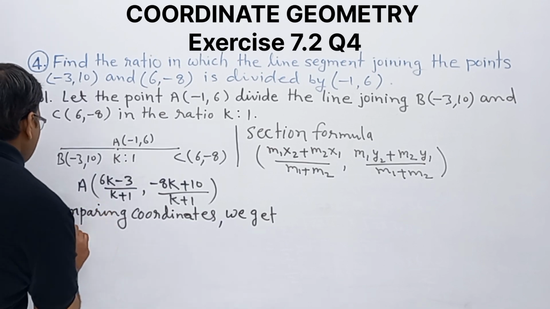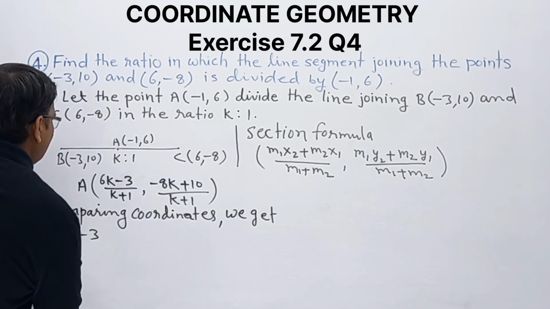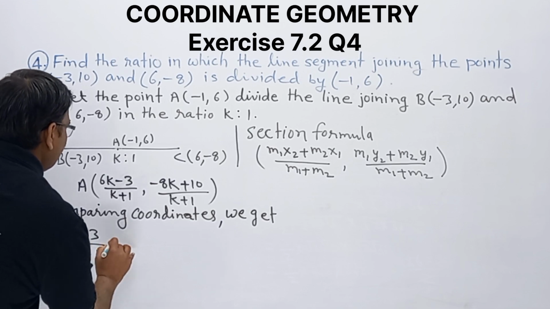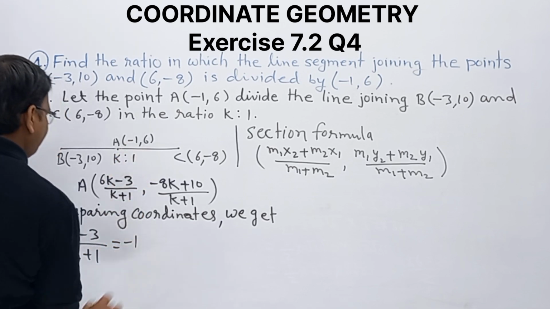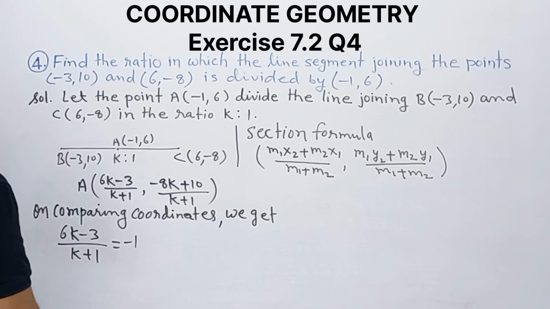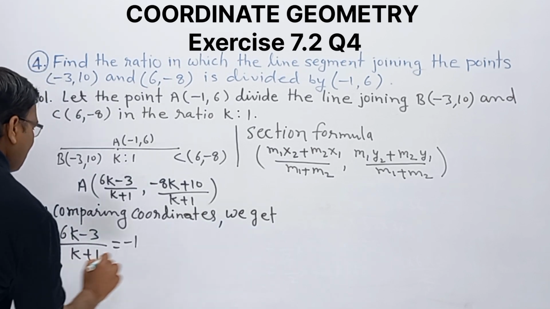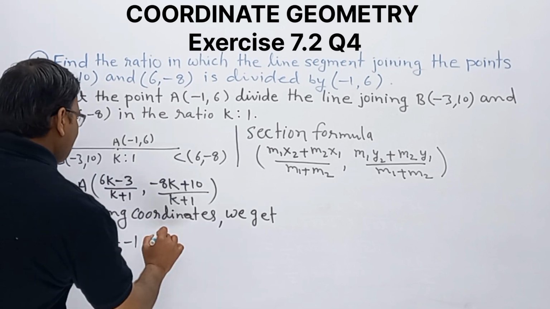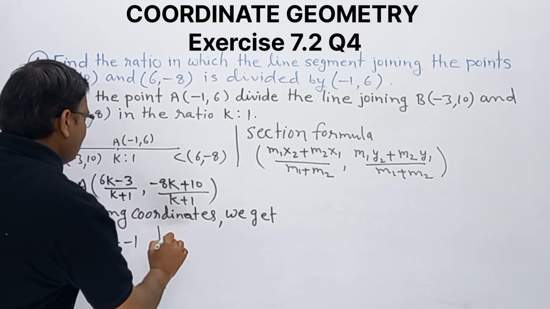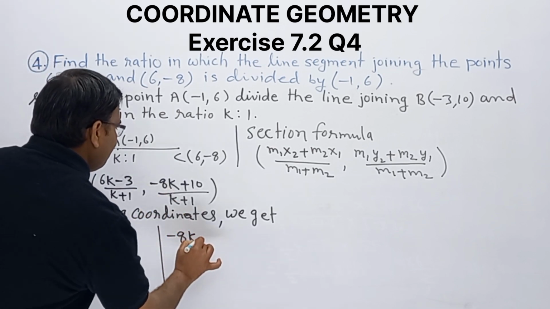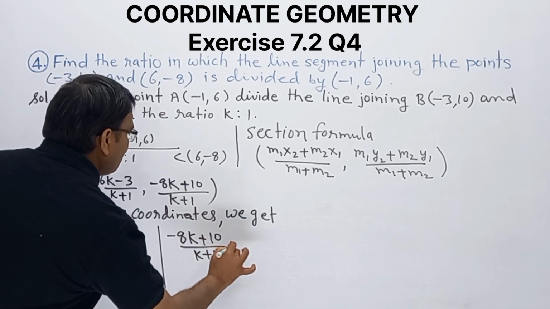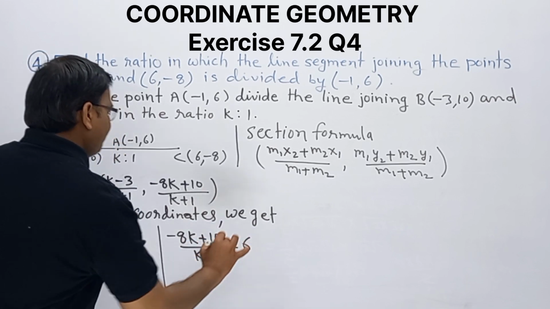So we can say (6k - 3) divided by (k + 1) equals -1. The other one: (-8k + 10) divided by (k + 1) equals 6. Clear?